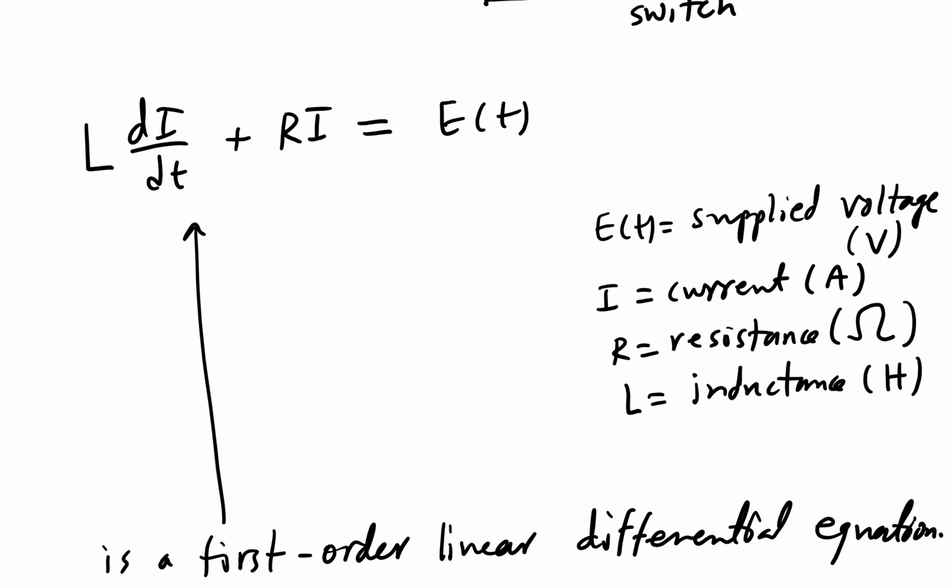In physics, they are interested to learn how to solve such an equation for I, because instead of y, we have I here. So di dt, that's like I prime, right?